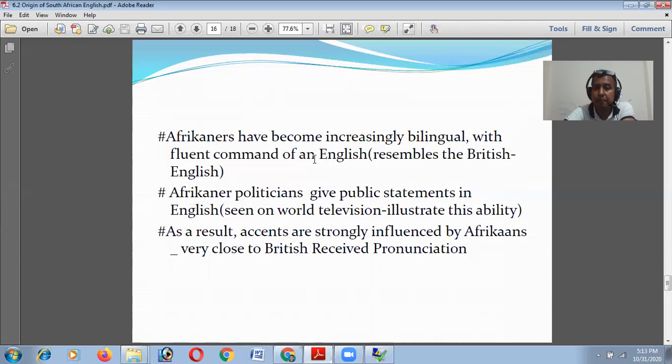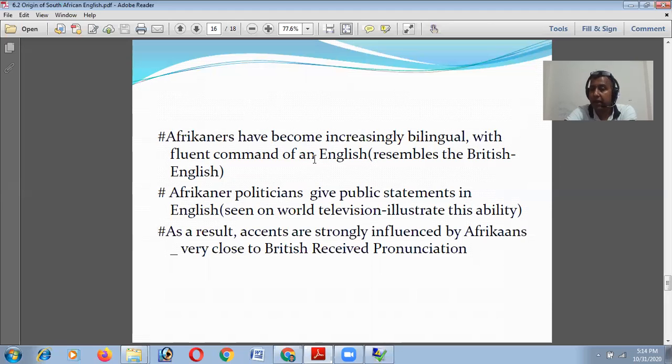Afrikaners have become increasingly bilingual, with a fluent command of an English that resembles British English. Afrikaner politicians give public statements in English, as seen on world television, which illustrates this ability. As a result, accents are strongly influenced by Afrikaans, very close to British received pronunciation.